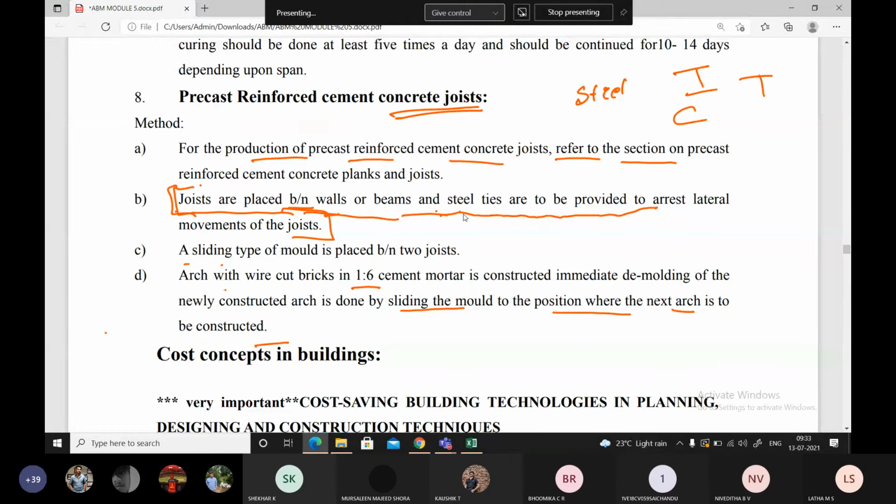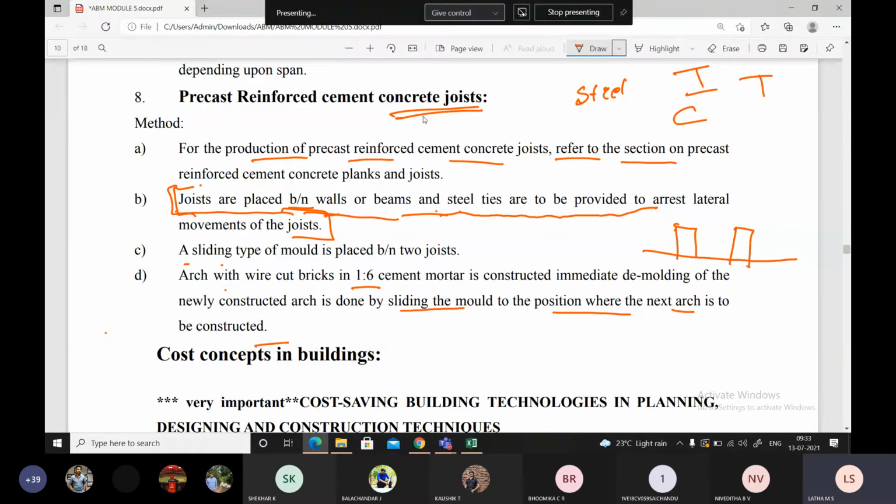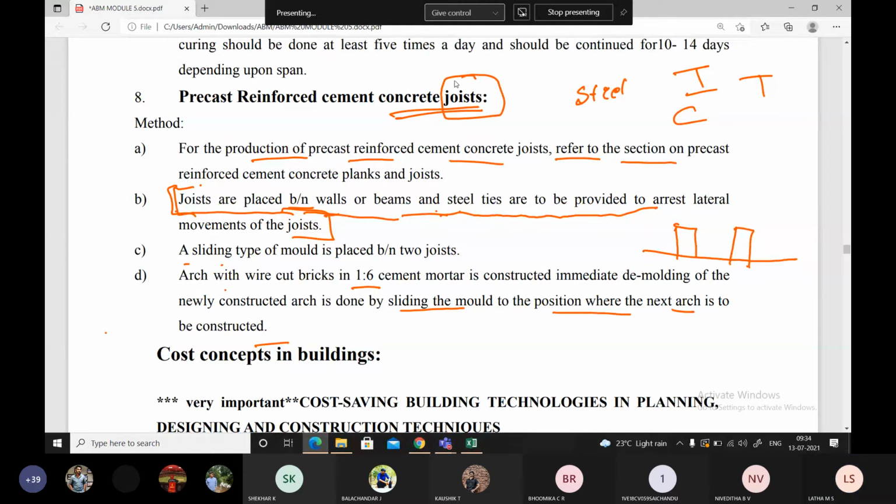Yes? Columns, ma'am. Columns? Where exactly are you talking about columns? If columns are being placed at regular intervals, where do you find this? Concrete joist, or only joist, you tell me, only the joist. Beam to column and roof to column.